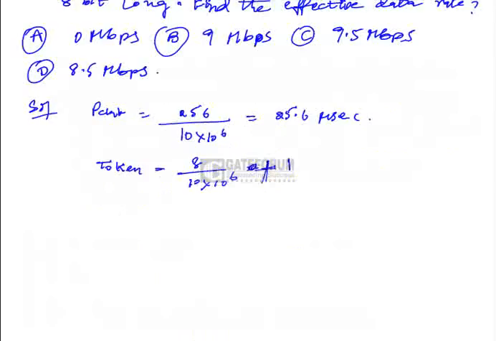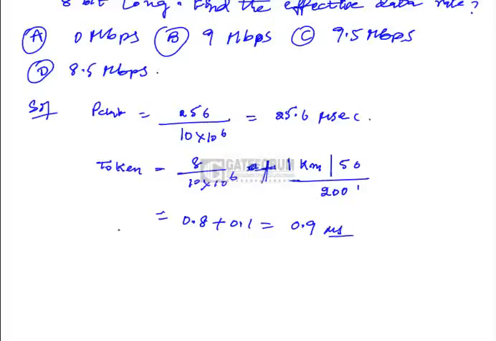So this is 1 kilometer per 50 stations, and the propagation speed is 200 meters per microsecond. So this will be equal to 0.8 plus 0.1. This is 0.9 microseconds. Total time is 25.6 plus 0.9. It will be 26.5 total time.